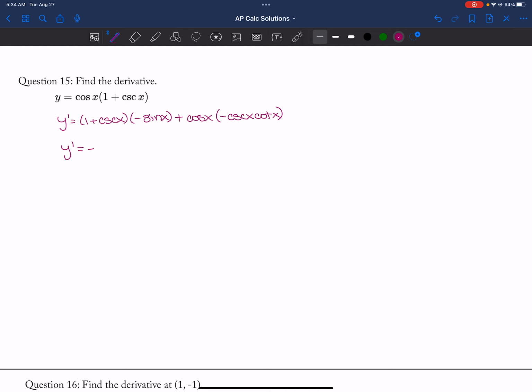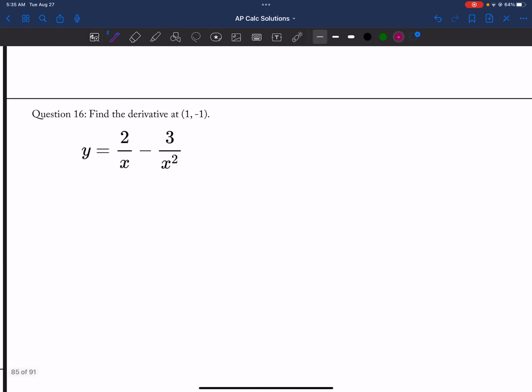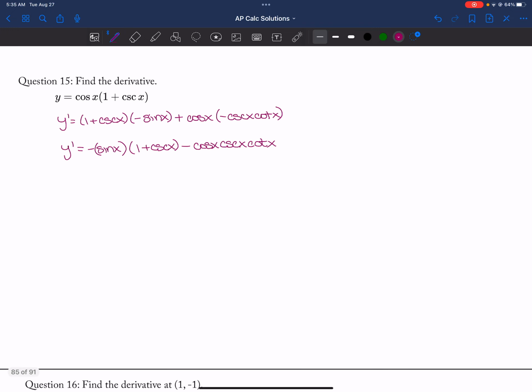So y prime is negative sine of x. I probably put the negative on the outside. And then minus cosine, cosecant, and cotangent x. And I don't think I would distribute that first set of terms. Okay, so now that is it for this lesson.